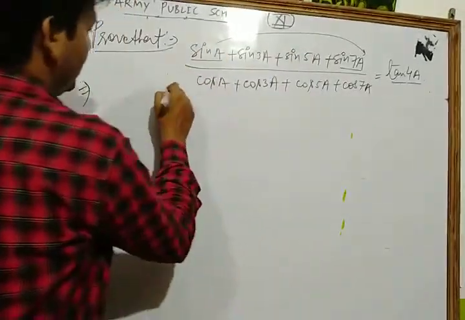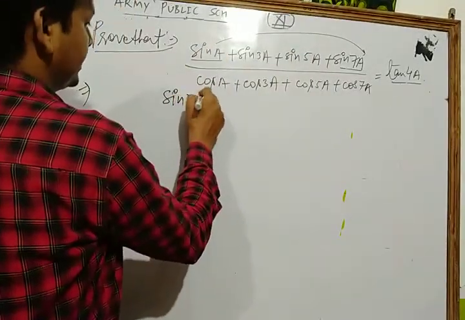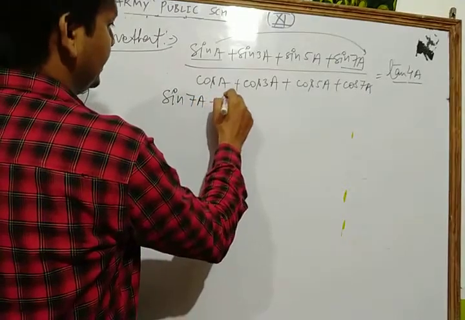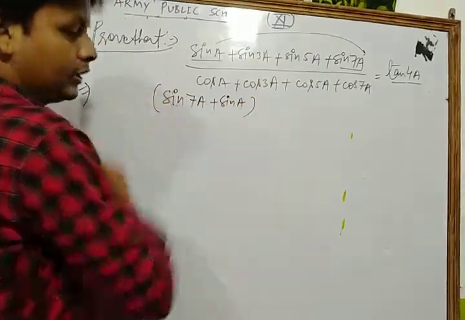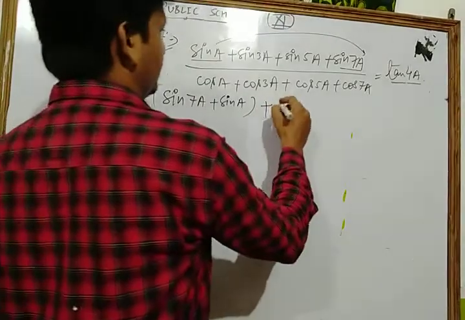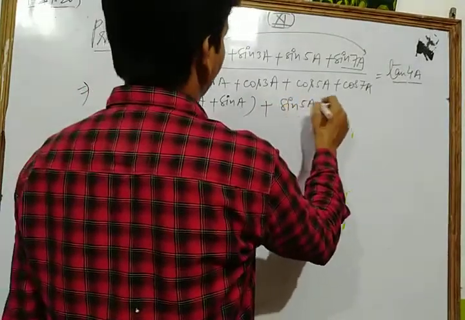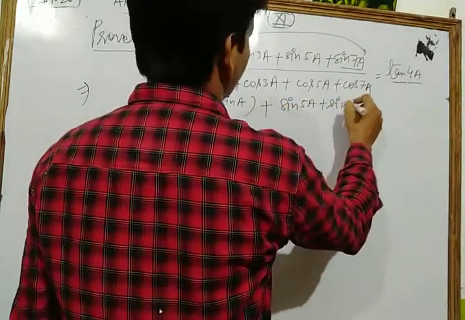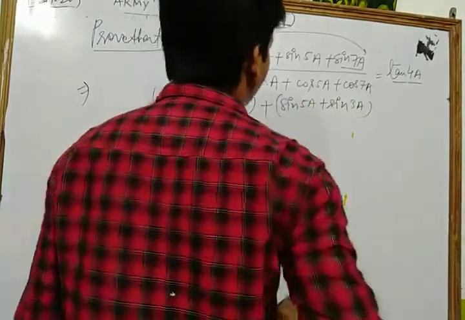First in the numerator we take sin 7A plus sin A together, and sin 5A plus sin 3A together.